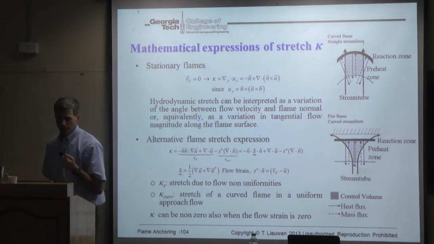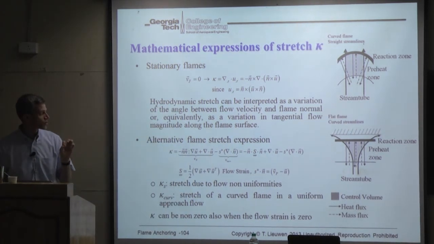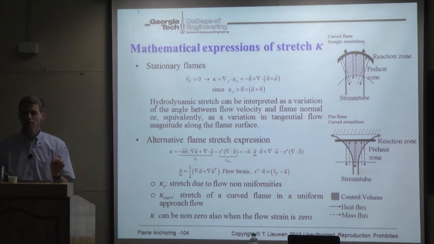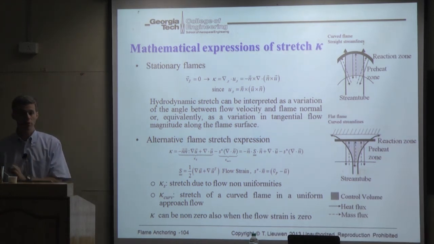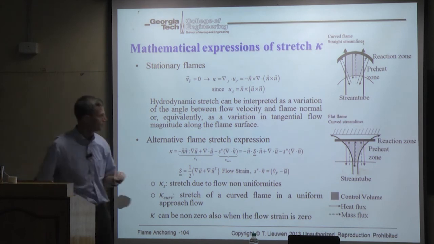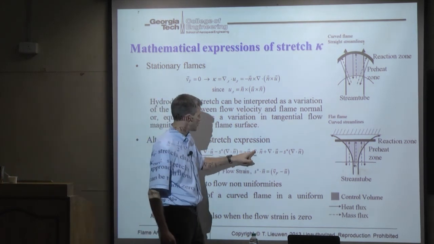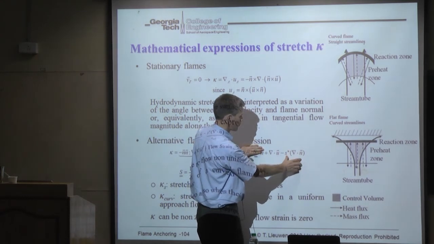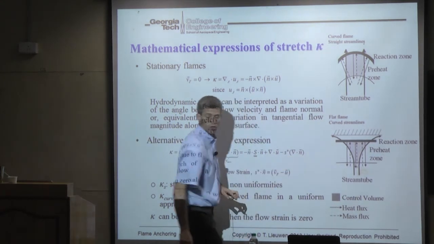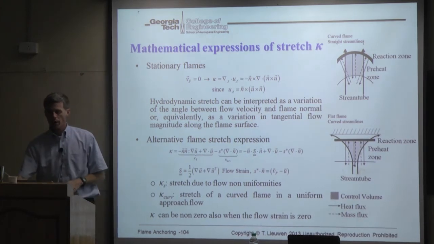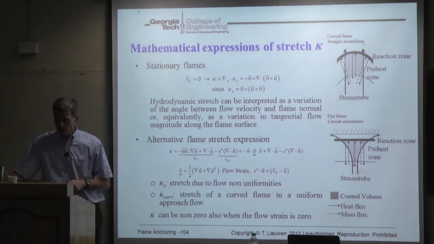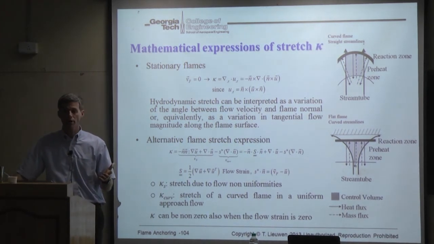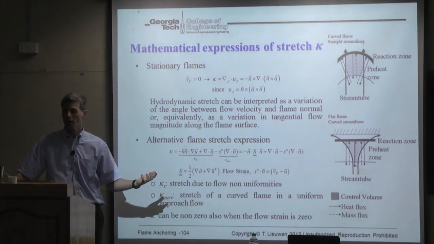And in fact, you can have a flow with zero strain, where S is 0, and the flame is stretched. So this term could be 0, and you still have these terms right here, like the curvature term. You can also have a flow where there is 0 flame stretch, but the flow is very highly strained.